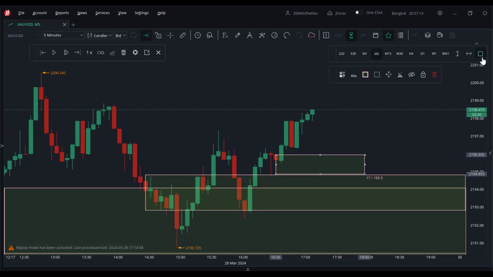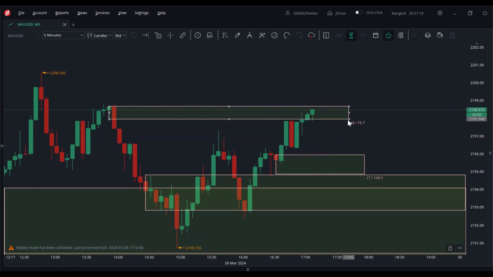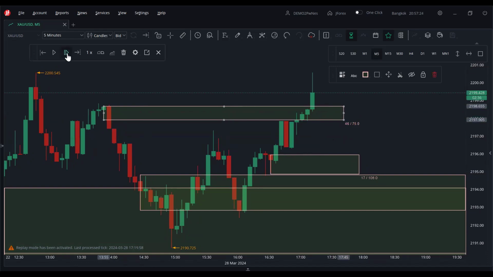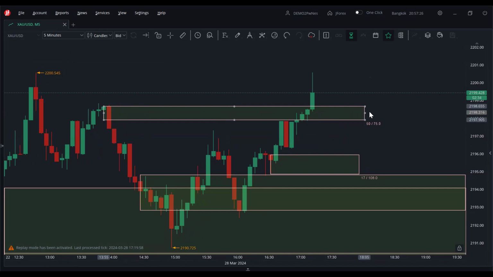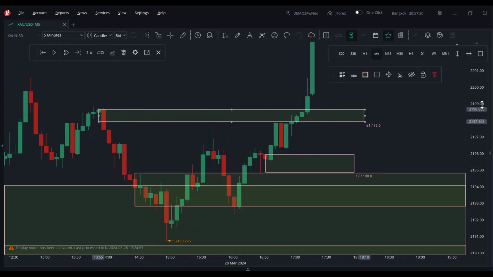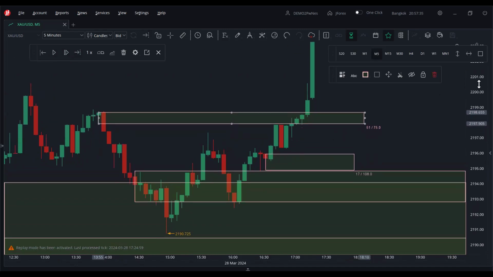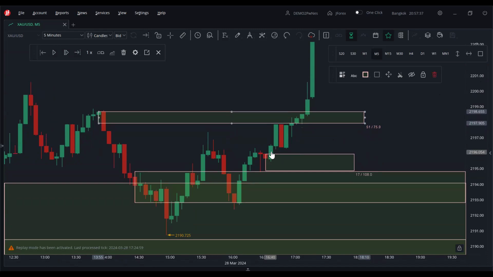We could make ourselves fancy and look at this to see after it breaks this and then enter. Let me see what that does. Okay, if we get a retrace to this. Yep, okay, we missed that one. It's gone. But still, after this got created, we could have just entered from here, but it would be very high risk.